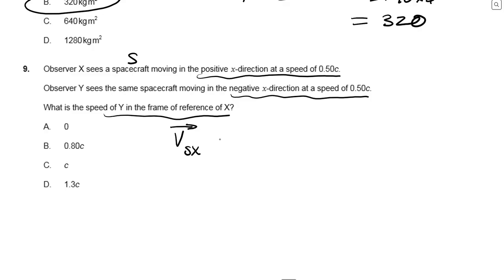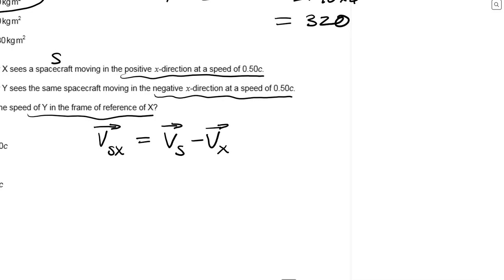This is our, let's call it a vector. And so we have a velocity of s with respect to the velocity of x, right? It's a relative velocity, and we have that formula in our data booklet. It is this, right? So this is the speed of our aircraft, and let's say that's a stationary reference frame.